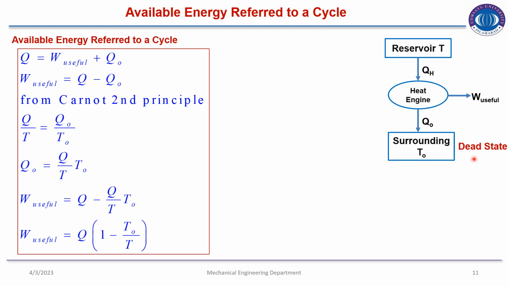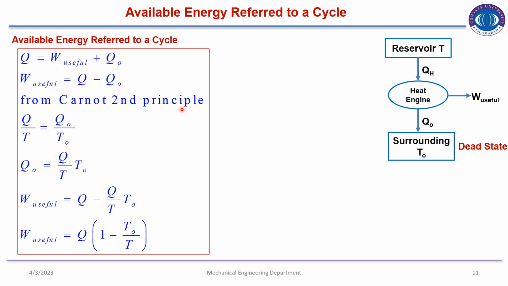Here the surrounding is at a dead state. So Q is equal to W useful plus Q naught, from the first law of thermodynamics: QH amount of heat is entering, Q naught is ejected into the surrounding and W useful is produced. So W useful is equal to Q minus Q naught.